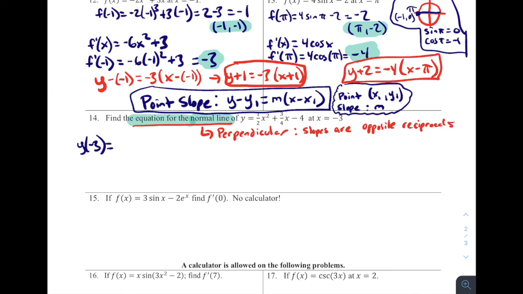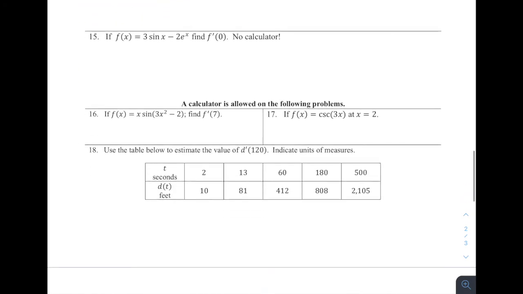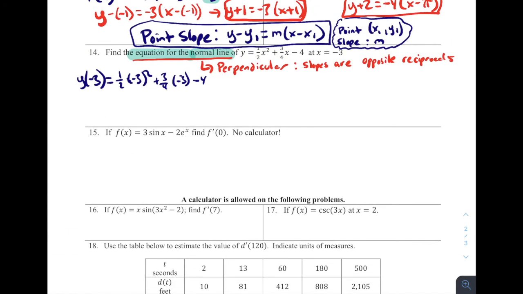That looks like that's going to be what? 1/2 times -3 squared plus 3/4 times -3 minus 4. So if we simplify, this is going to be 9/2 minus 9/4 minus 4.